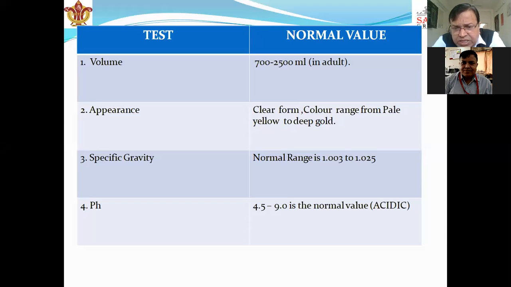The normal range is 1.003 to 1.025. Similarly, we can find out the pH of urine, which is 4.5 to 9 as the normal value.